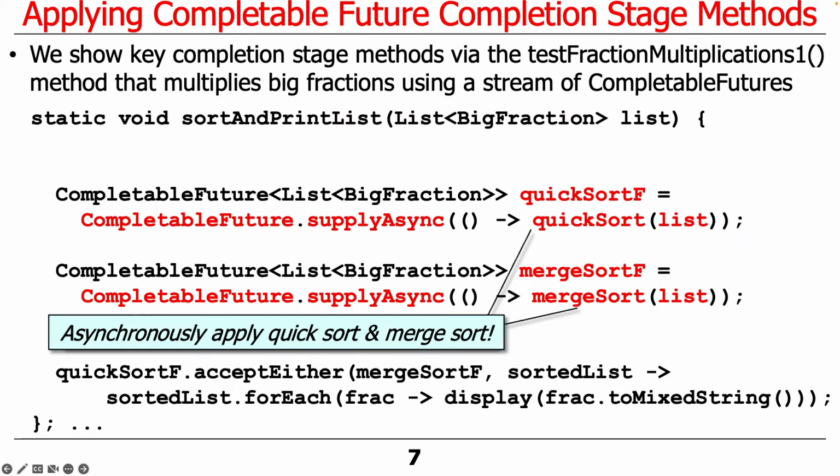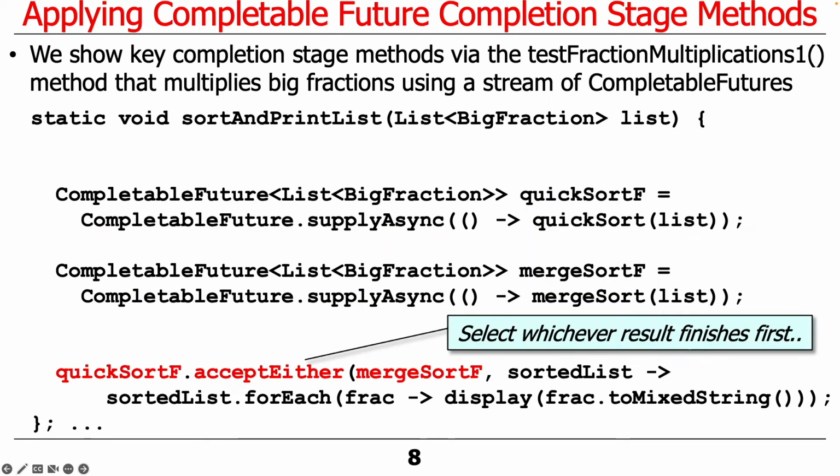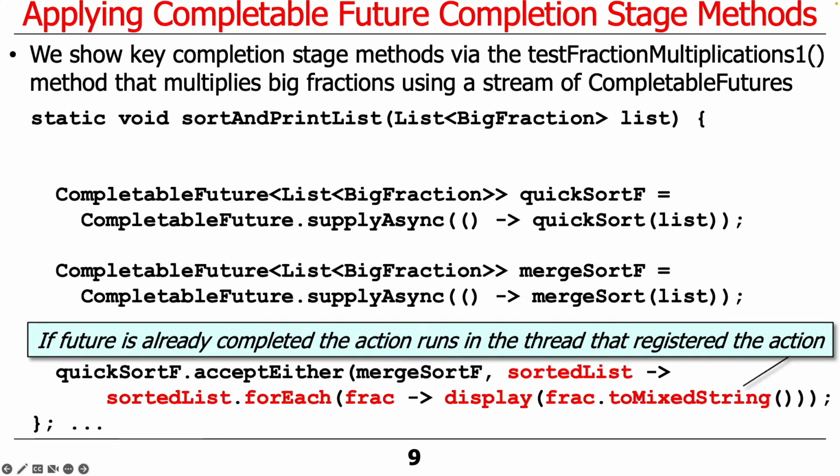The way we do it, as we talked about earlier, is to asynchronously quick sort the list, and likewise asynchronously merge sort the list. So both of those are running in the background. We get 2 completable futures back, quick sort F and merge sort F. Then we use the acceptEither completion stage method to say, whichever one of these 2 computations finishes running asynchronously first, take the result, which will be a sorted list, and do something with it.